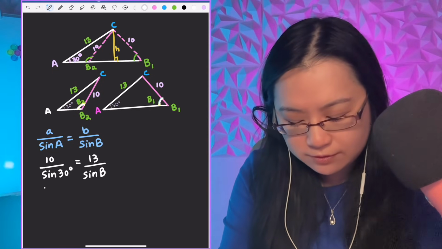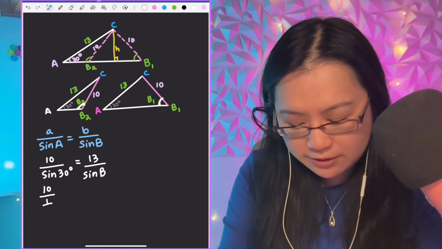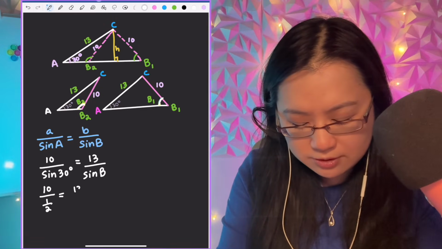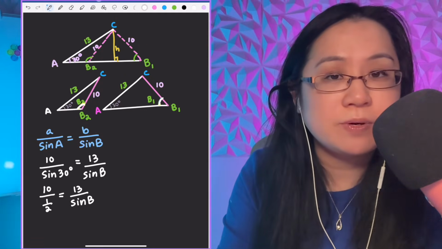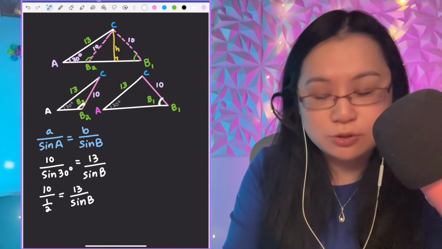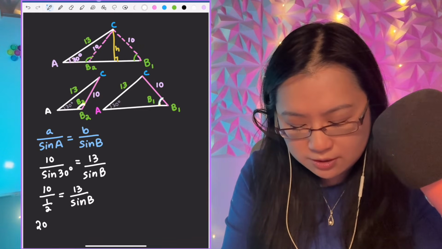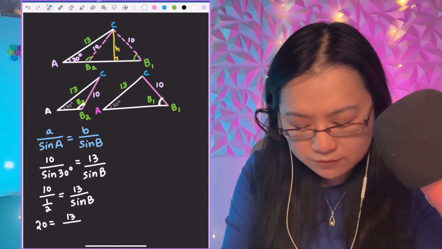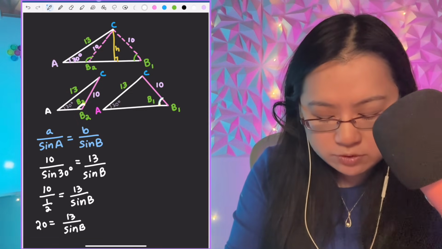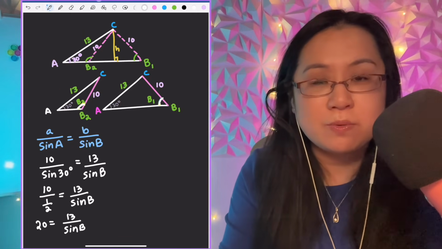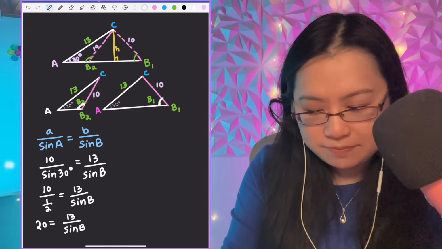Is 1/2. So we have 10 over 1/2 is 13 over sine b. And then 10 divided by 1/2 is the same as 10 times 2. So that's 20 equals 13 over sine b. So if I go ahead and multiply sine b over, I'm not worried about 0 here.